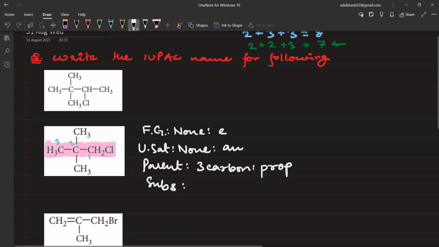Correct. When I ask, first keep it simple. If you go straight to the answer, there are more chances of mistakes. So when I ask what is the substituent, you see whatever is remaining after the identification of the prop: we have CH3, another CH3. So you have 2 methyl groups. Now 2 methyl groups will be represented by dimethyl.